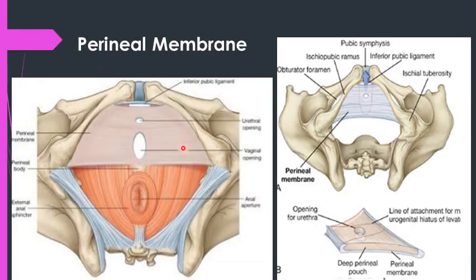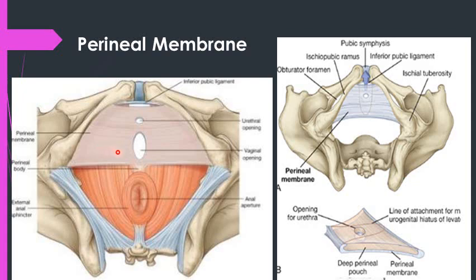Now see here some important structures which are present along that urogenital triangle. This is this triangular membrane which is covering and present along the anterior most urogenital triangle. This is the perineal membrane.